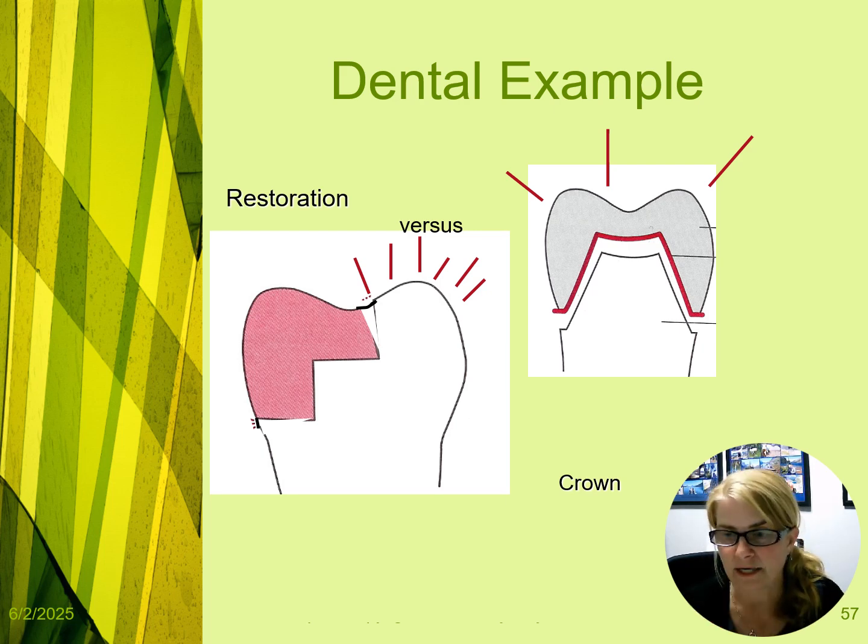There's going to be percolation between the filling materials, so we're going to get some contraction and expansion, temperature and force related. If we put a crown on there that completely covers that tooth, then we're going to have more of a slow or static load because the forces are going to be spread out.